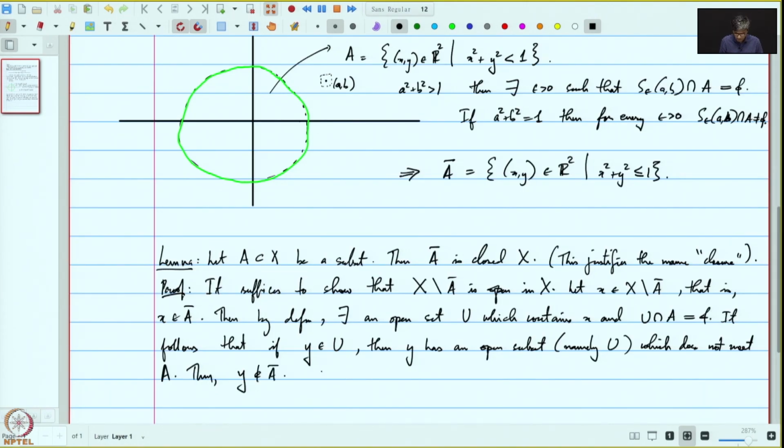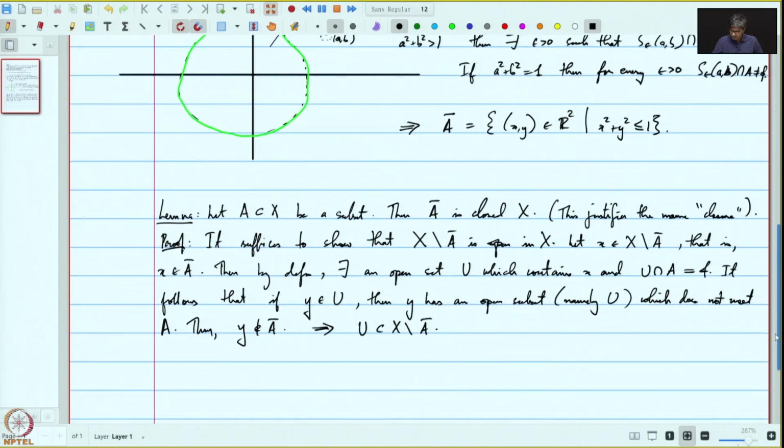So therefore we have proved that U is completely contained inside X minus A closure.